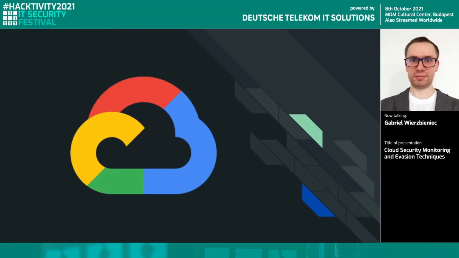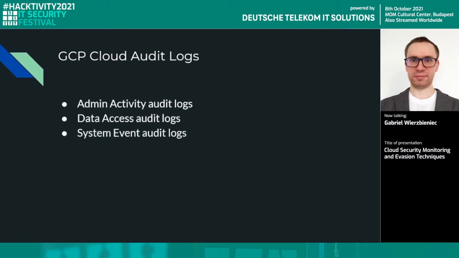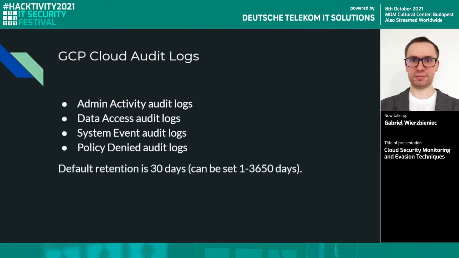And the third big cloud provider we're going to review today is, of course, GCP from Google. In GCP, we have 4 types of audit logs: admin activity, data access, system event, and policy denied logs. By default, they are retained for 30 days.